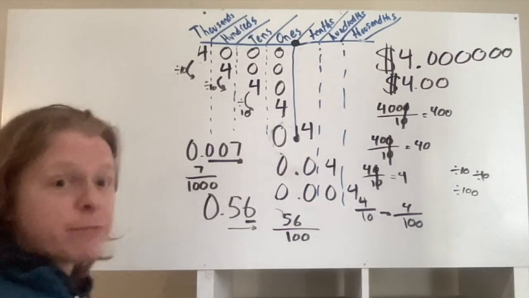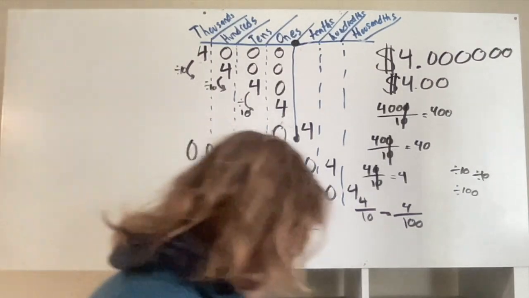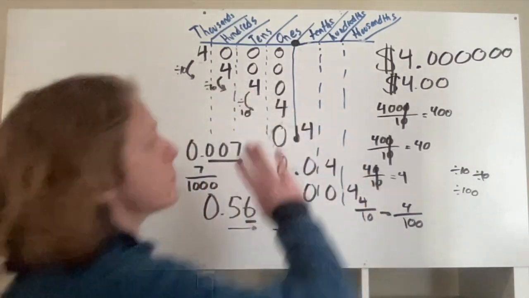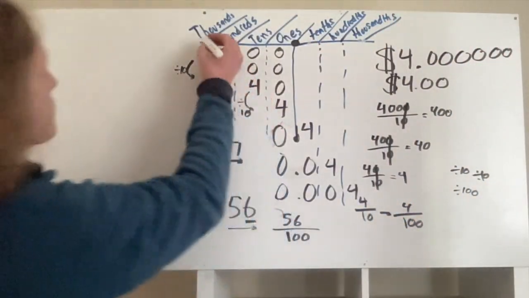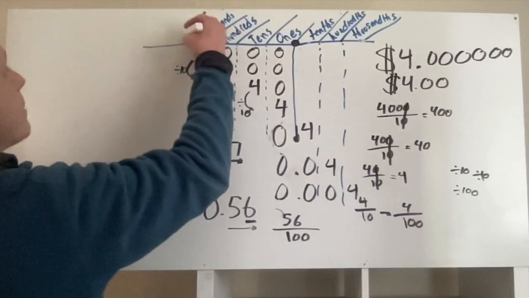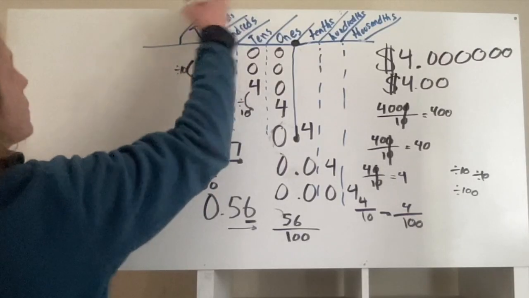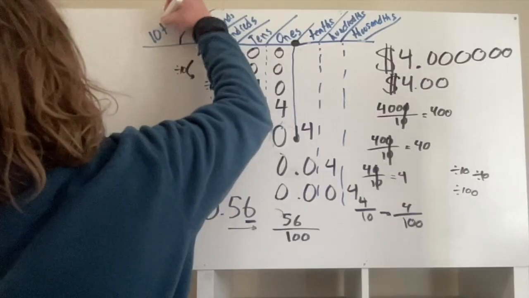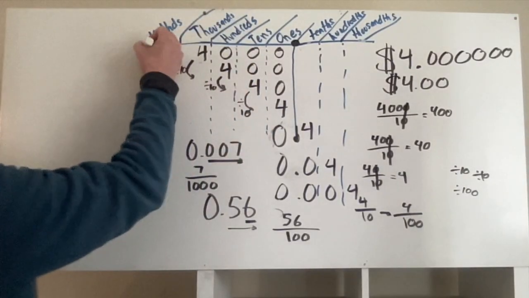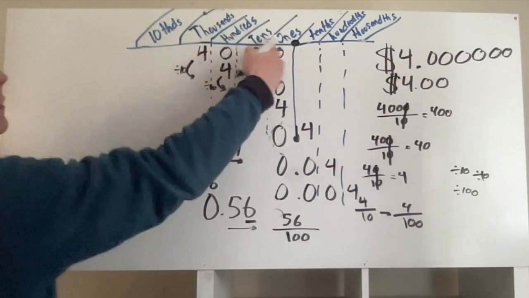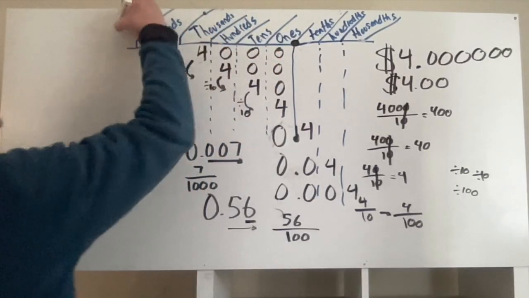On the topic of going forever and ever, the place values to the right and to the left would continue forever, right? After the thousands, we have the 10,000s, okay? The 10,000s. I'm going to abbreviate a little bit here. And then after the 10,000s, we have the 100,000s.